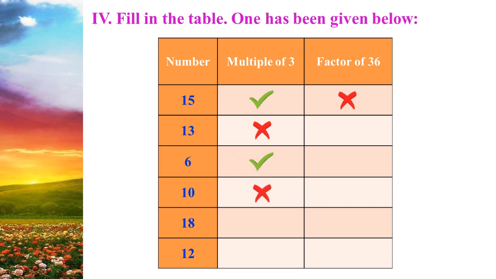Next 10. 10 is not a multiple of 3. 18. 18 is multiple of 3. 12. 12 is multiple of 3. 13 is not a factor of 36. 6 is factor of 36. 10 is not a factor of 36. 18 is factor of 36. 12 is factor of 36.